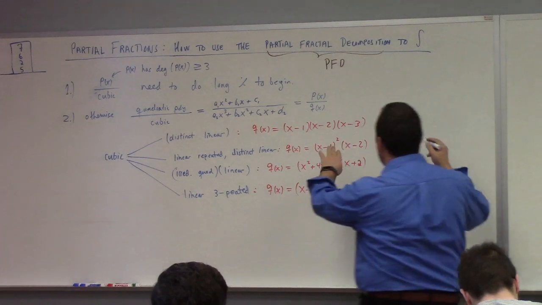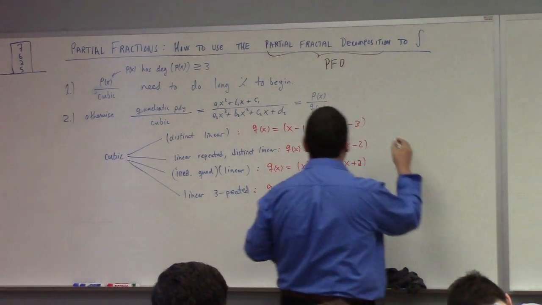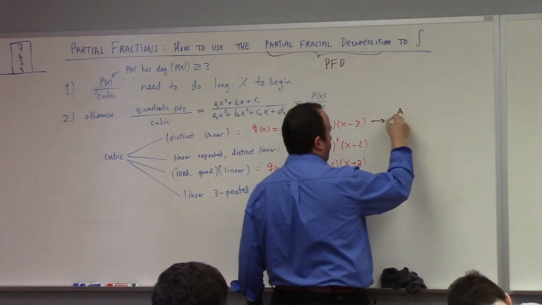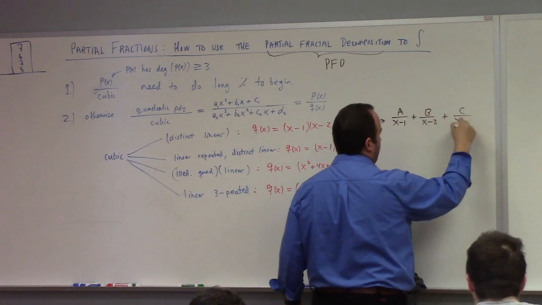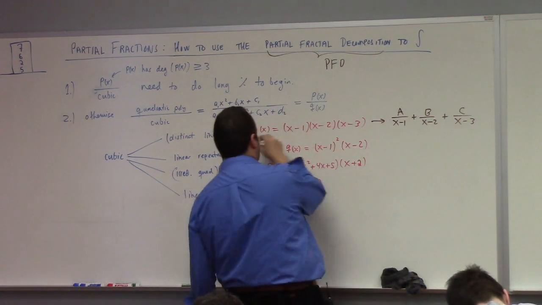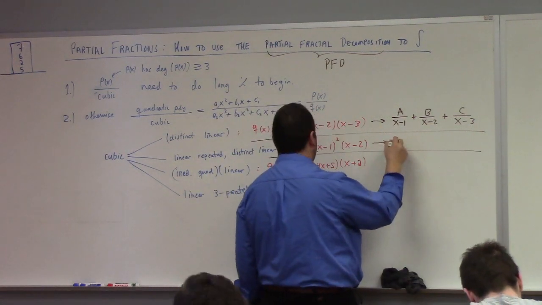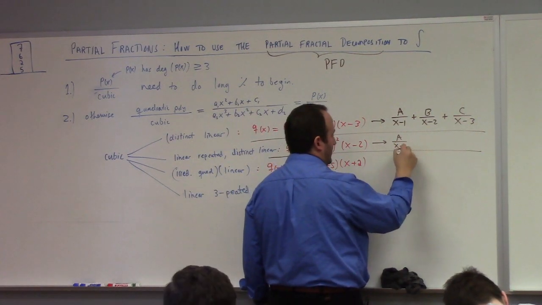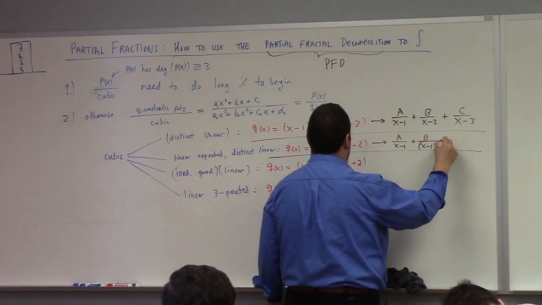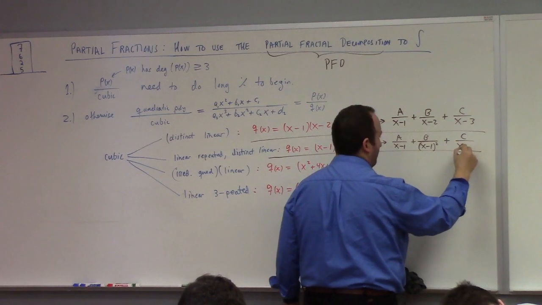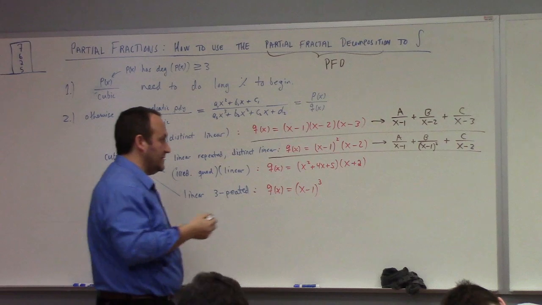So this one would suggest a partial fractions decomposition of something like a over x minus 1 plus b over x minus 2 plus c over x minus 3 for this case. For the second case, you use a partial fractions decomposition like a over x minus 1 plus b over x minus 1 squared plus c over x minus 2. That's the partial fractions decomposition in that case.